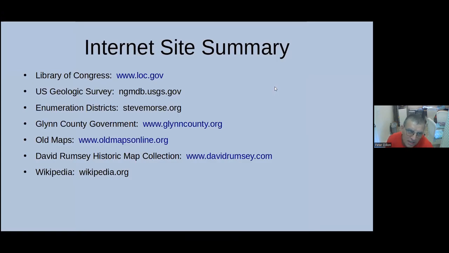So if we look at the different internet sites, the summaries that I've looked at, these are not the only sites where you'll find information. You can look at local historical societies. They also have some map collections. Ours doesn't have that online, but where I grew up in upstate New York, they actually have some maps online.